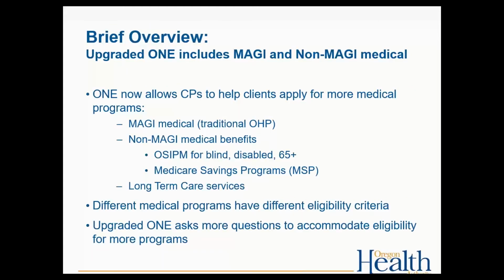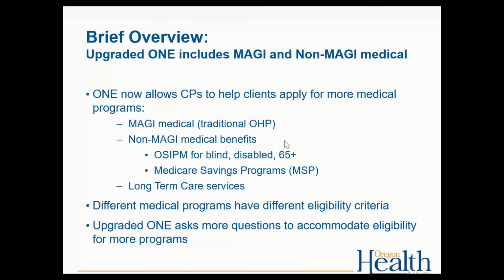So a brief overview, just to make sure we're all starting from the same place when it comes to medical programs. We want to reiterate that the upgraded One system now includes both MAGI and non-MAGI medical in one application. So people don't have to know that they want to apply for a specific medical program. They apply and then the system determines what they're eligible for.